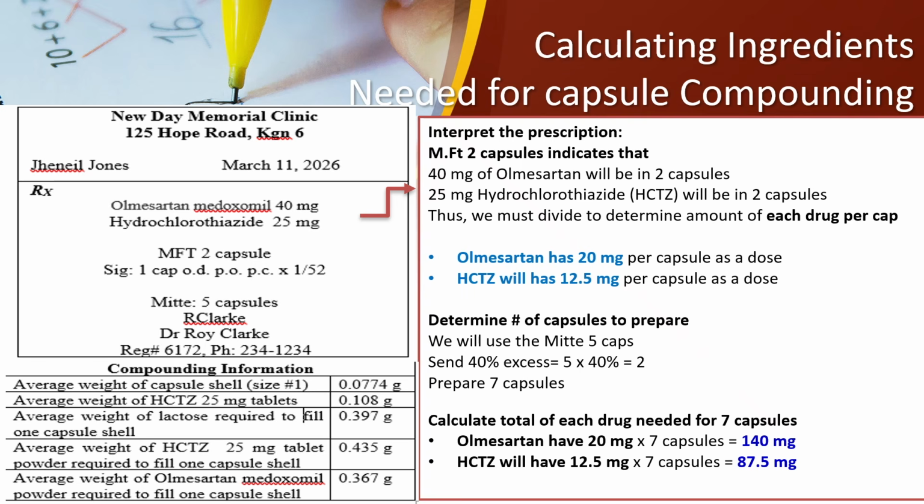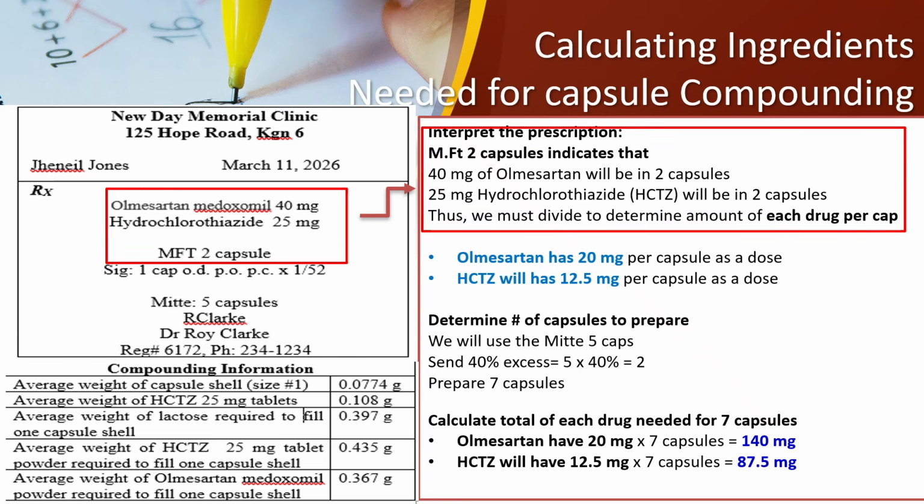This means that you're going to have to divide by 2 to determine the amount that will be in each capsule. So when we do that, we get olmesartan has 20 milligrams per capsule as a dose, and hydrochlorothiazide as 12.5 milligrams per capsule as a dose.